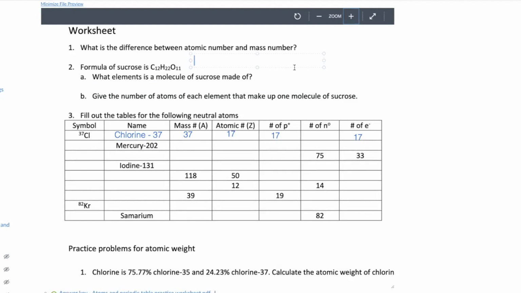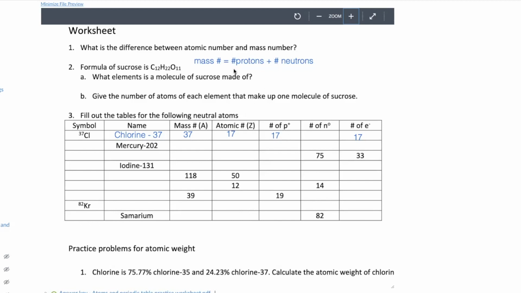So now we know that mass number is equal to number of protons plus number of neutrons. We have the mass number given over here, and we have the number of protons.